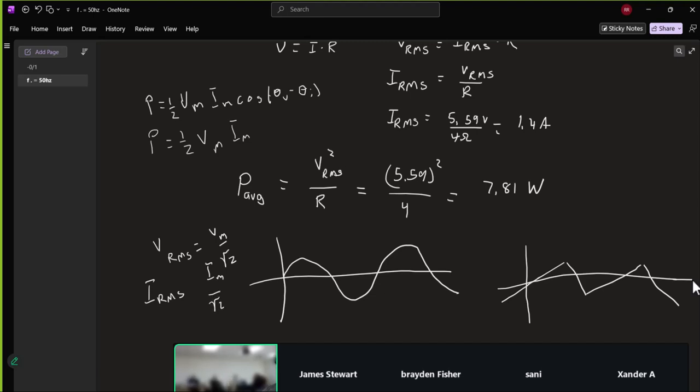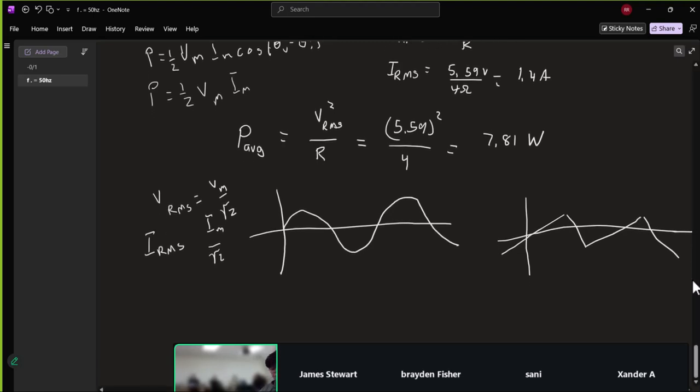So if I take VRMS times IRMS, that's the same as taking V max over the square root of 2 times I max over the square root of 2, which is V max times I max over 2, which is the same as 1/2 V max I max.